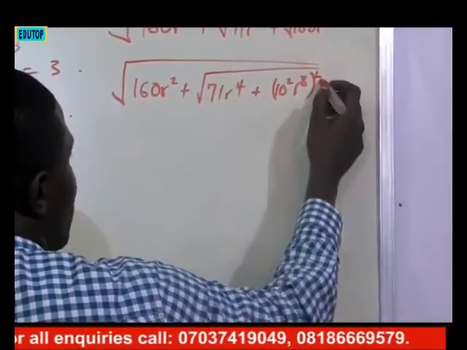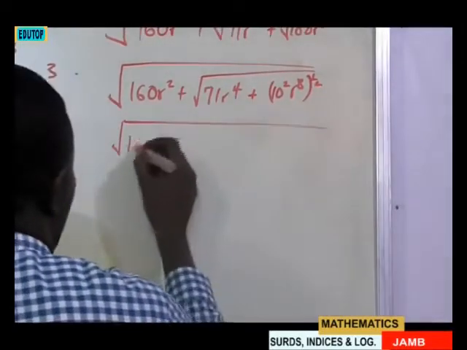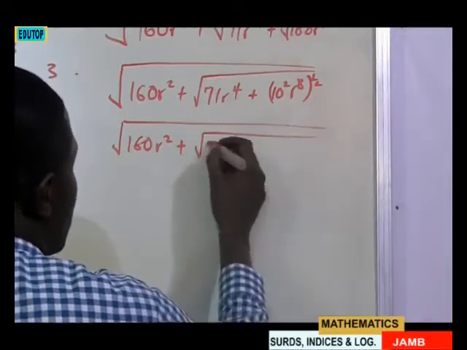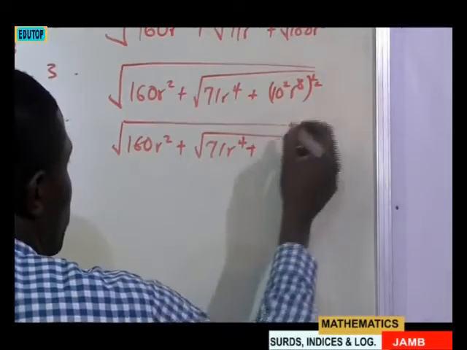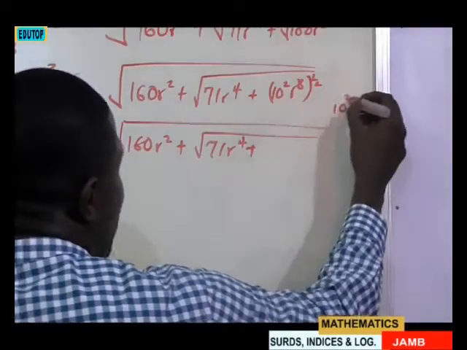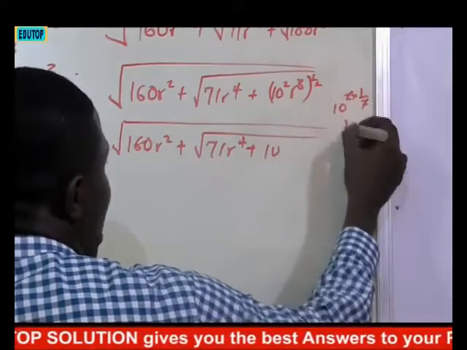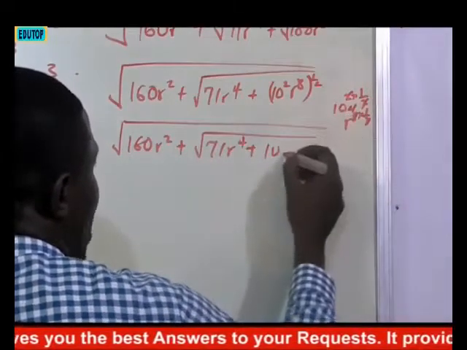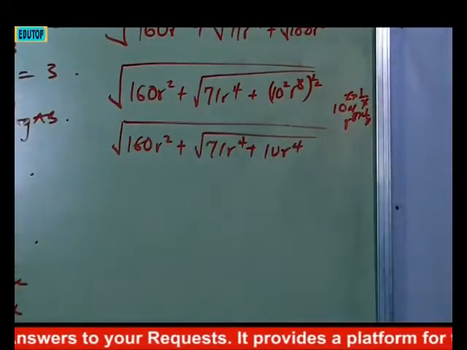So when you multiply by the half, you have 160 r squared plus the square root of 71 r to the 4 plus 10 squared multiplied by half. This half cancels this, so I have 10. r raised to the power 8 multiplied by half: 2 cancels 8, remainder 4. So I have r raised to the power 4. So that's what I'm going to have. So I've succeeded in simplifying the first one.